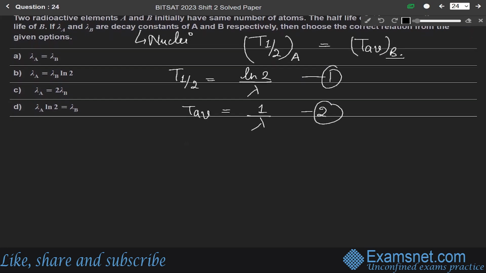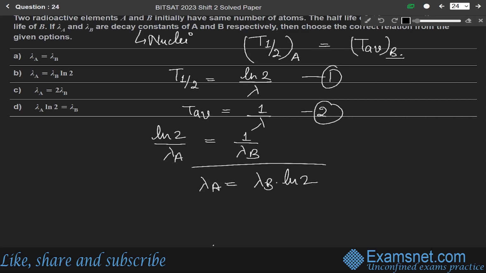So equating 1 and 2 for substance A and B, ln2 over lambda A for substance A will be equal to 1 over lambda B. So we can write lambda A is equal to lambda B into ln2. So this is our desired answer, option B, lambda A equals lambda B ln2 is the correct answer.